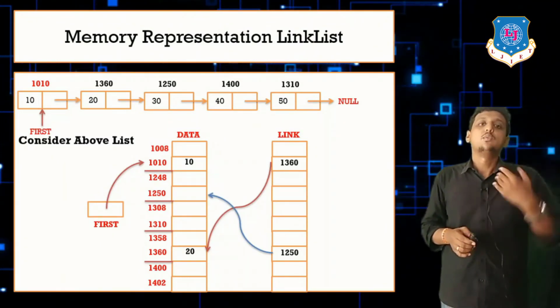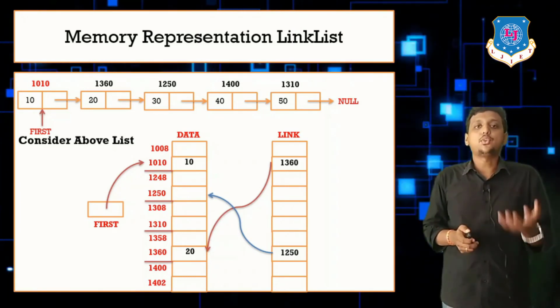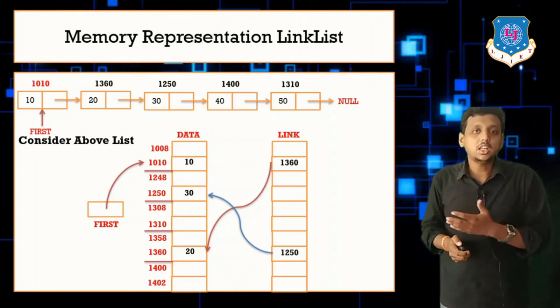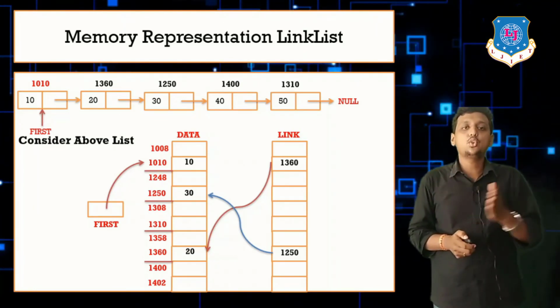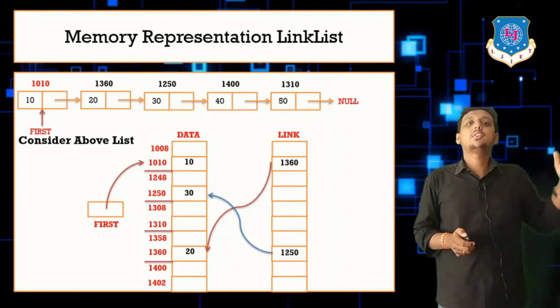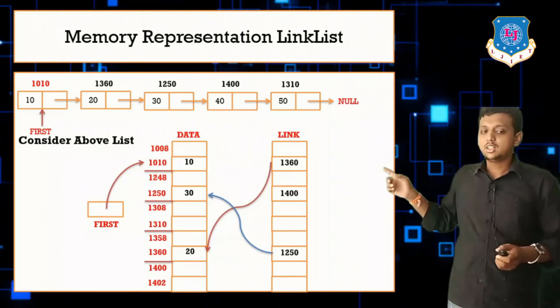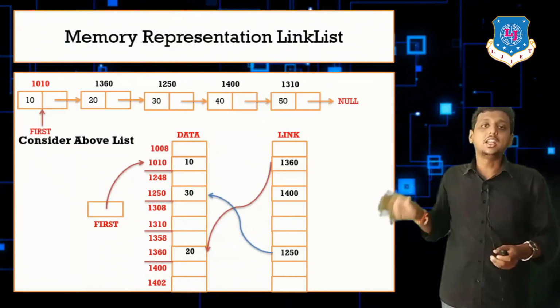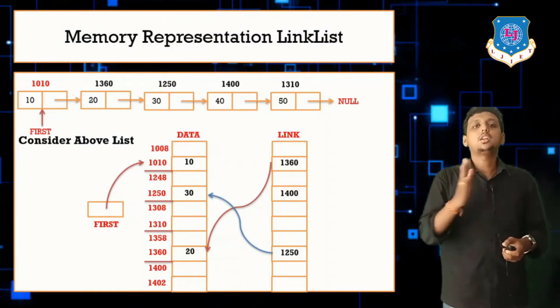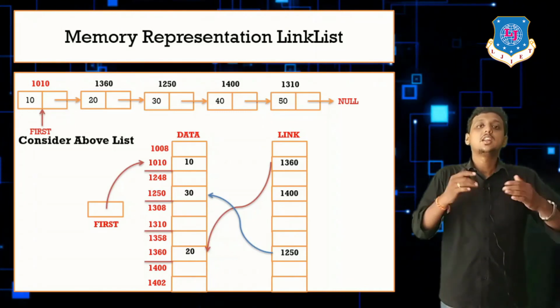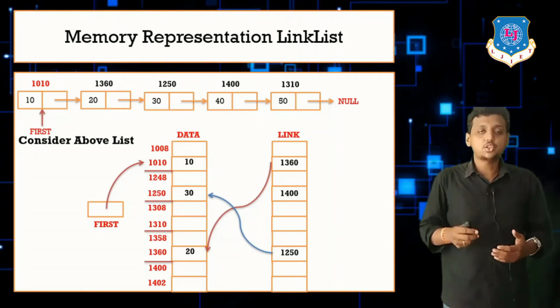Fine. Now what next? Next, students, we have the 40 with us. So obviously after inserting 30 we have 40. Now the address of the 40 is 1400. That means 1400 is the next node address. So in the link column we need to put 1400. Now after doing this, the last one is the 50, students.